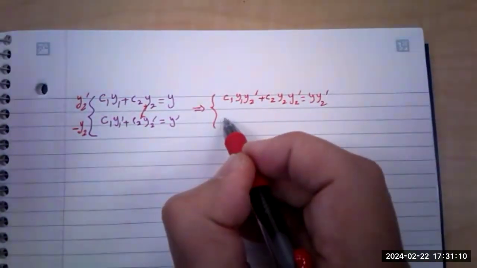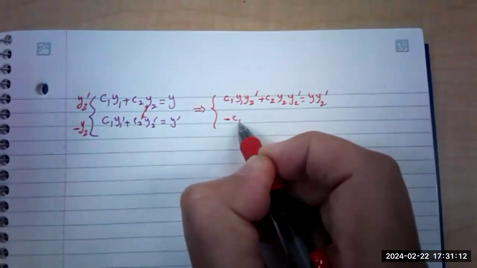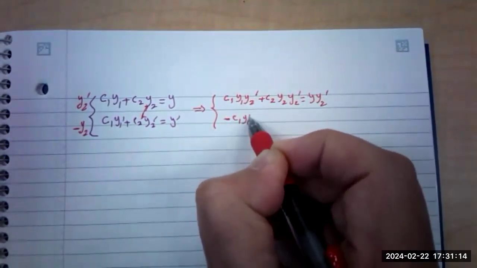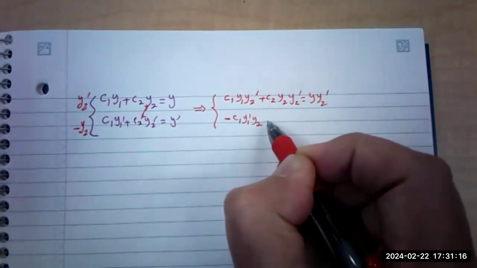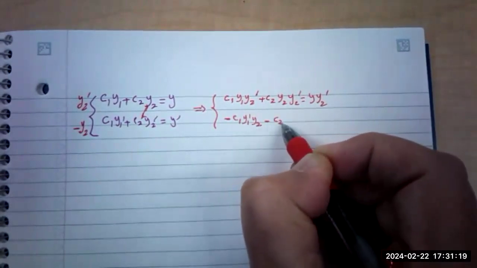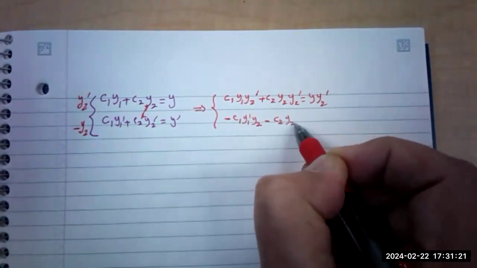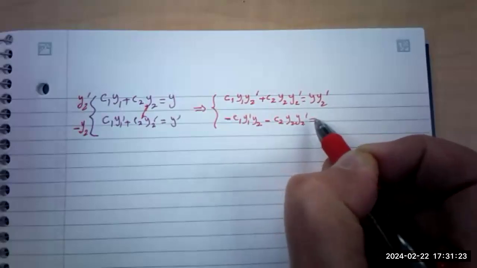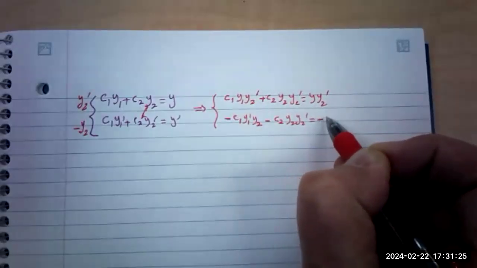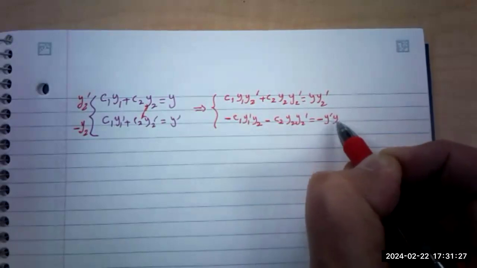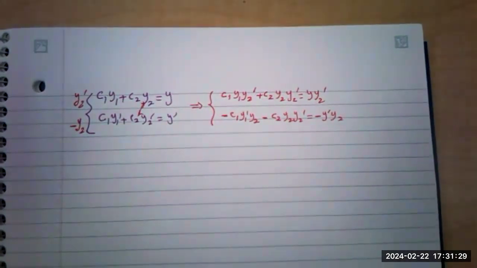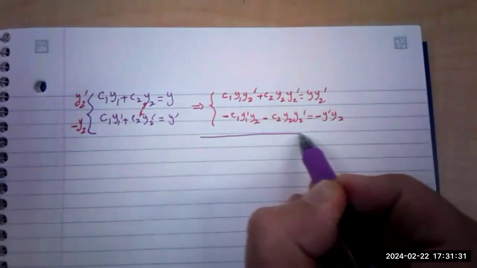The second one would be negative C1 y1 prime y2 minus C2 y2 y2 prime equal to negative y prime y2. Okay, add them together.